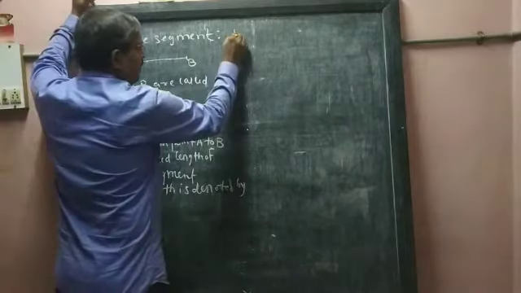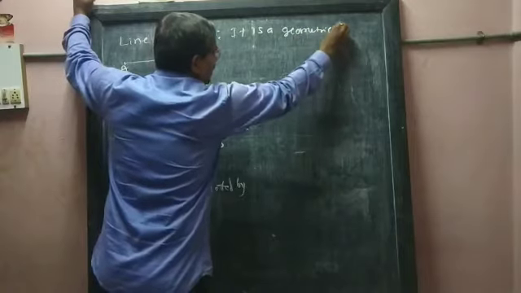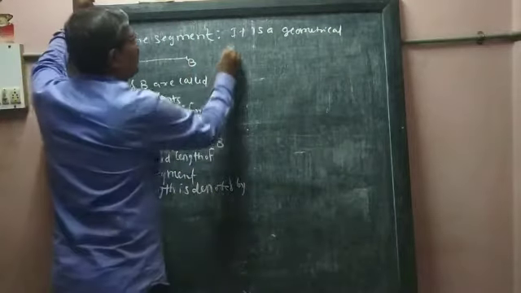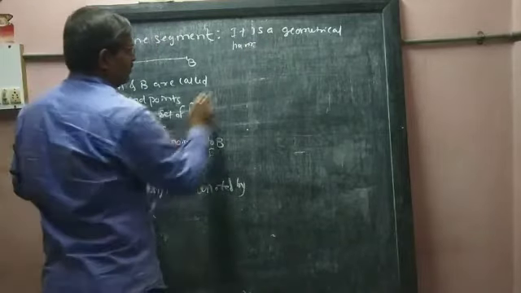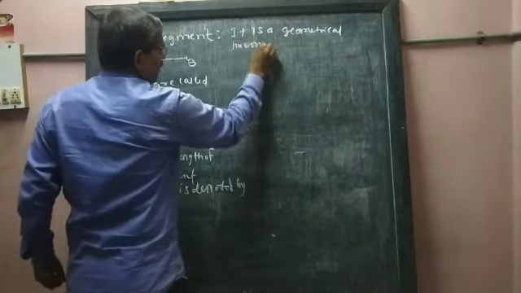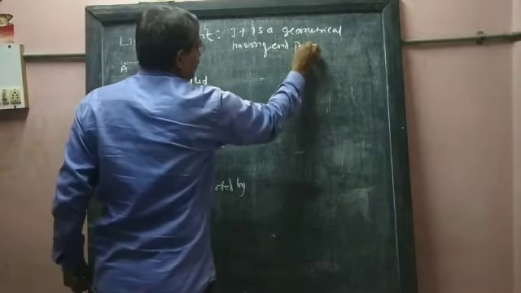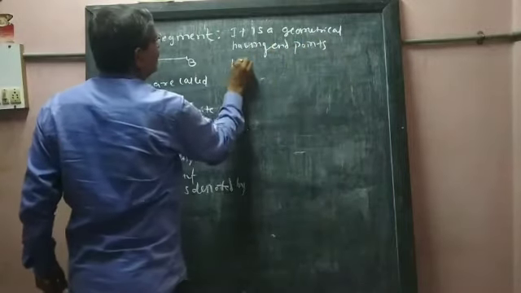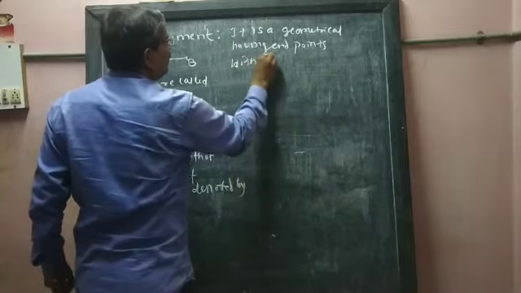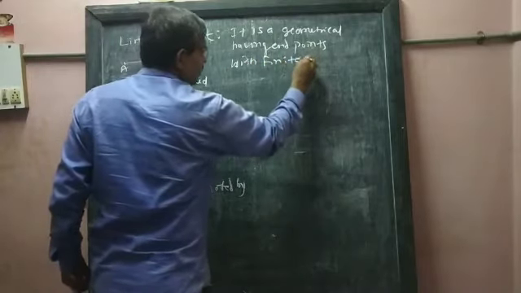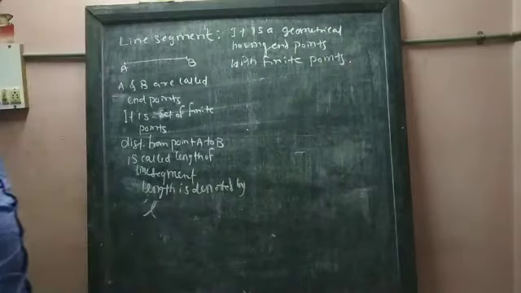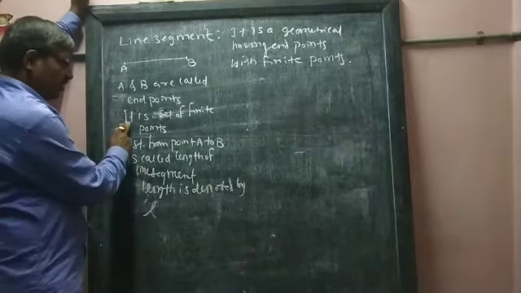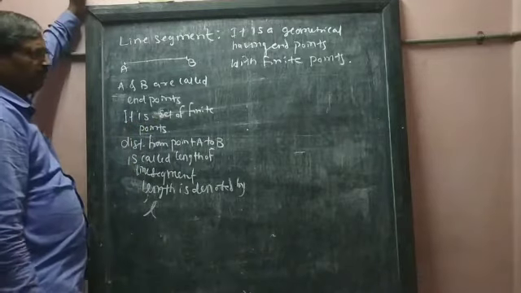It is a geometrical figure having endpoints, with finite points. Means it is a set of finite points.